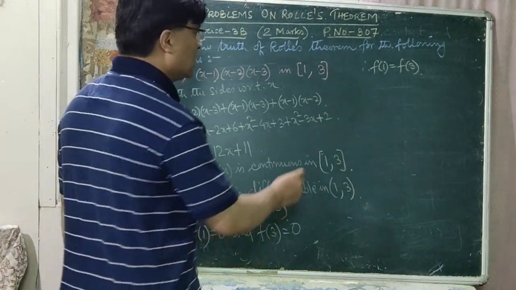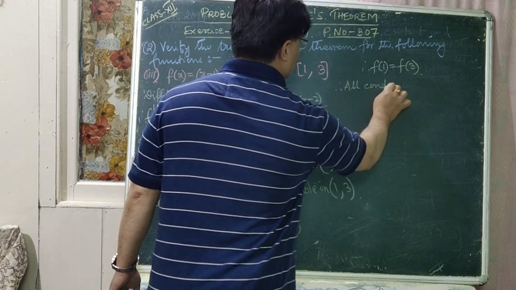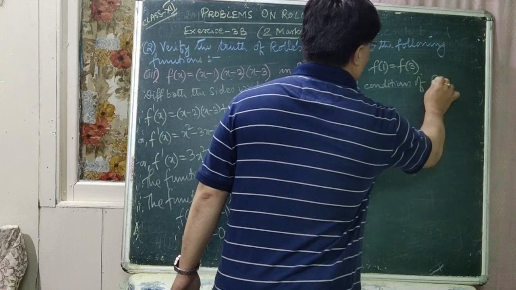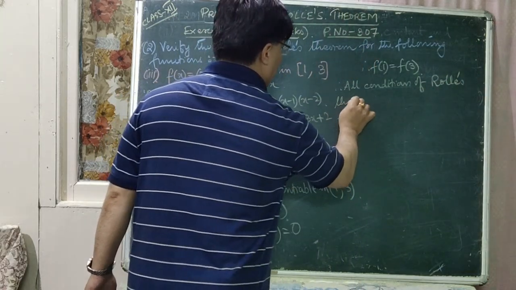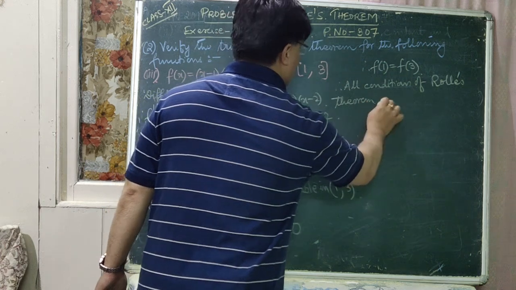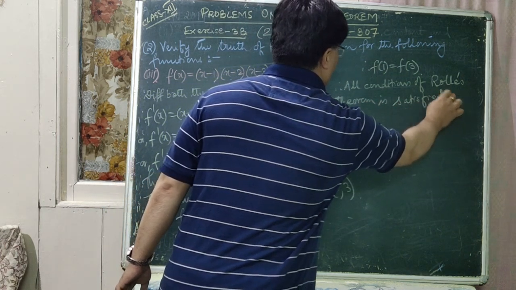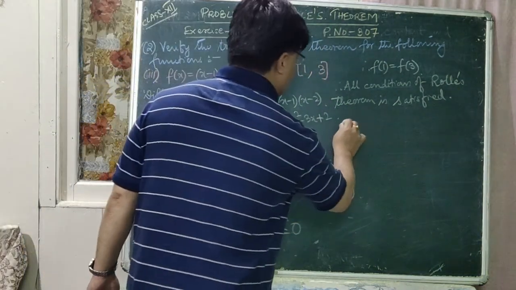So you have to write, therefore all conditions of Rolle's theorem are satisfied. So what can we write?